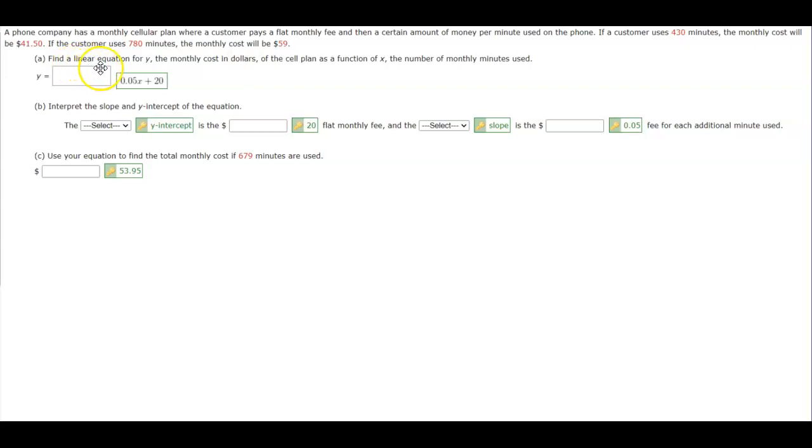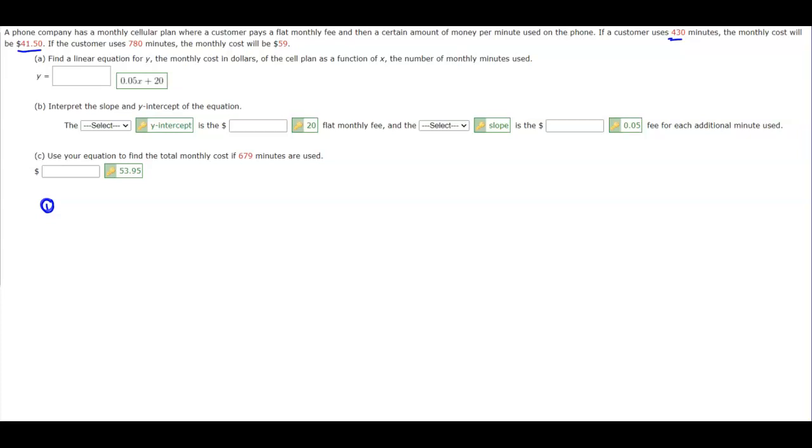In part A, we want to find a linear equation for y, the monthly cost in dollars of the cell plan as a function of x, the number of monthly minutes used. So we can first determine that if a customer uses 430 minutes, it's going to cost $41.50.